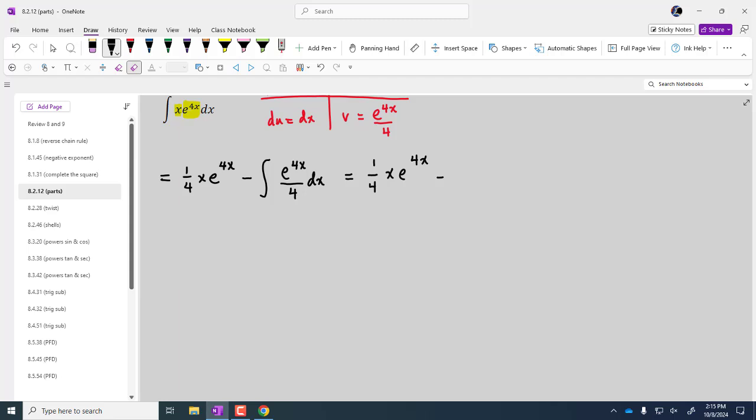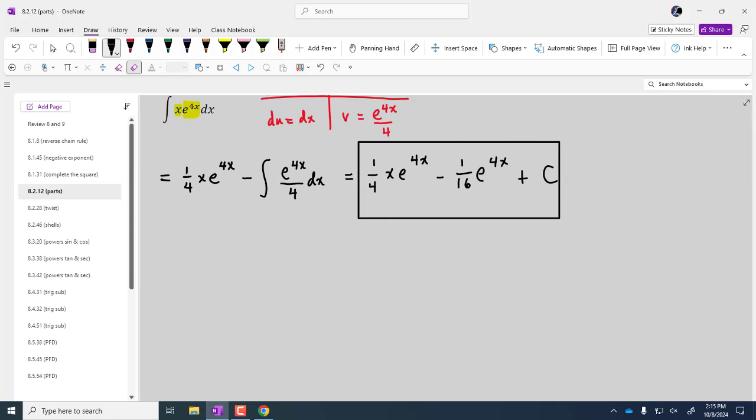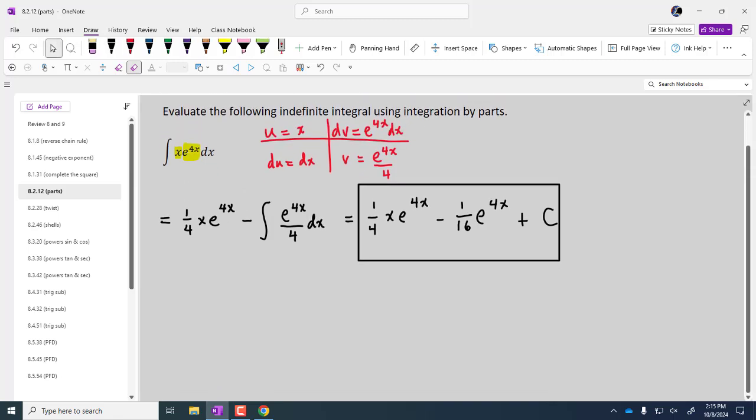To integrate e to the 4x, we get itself divided by the derivative of the exponent, so we're going to end up with minus 1 over 16 times e to the 4x plus c. All good?